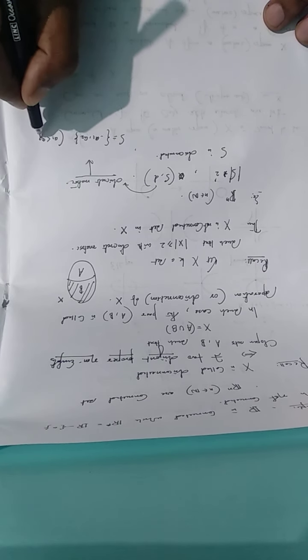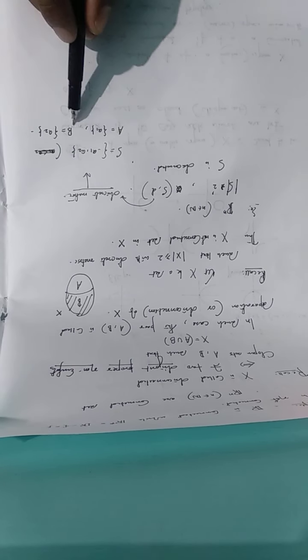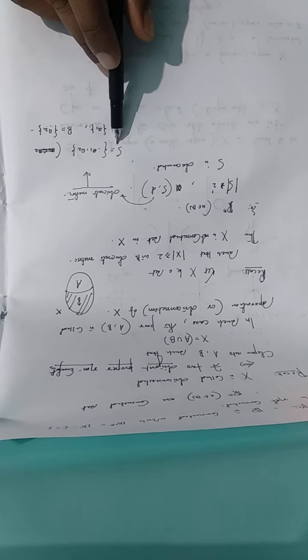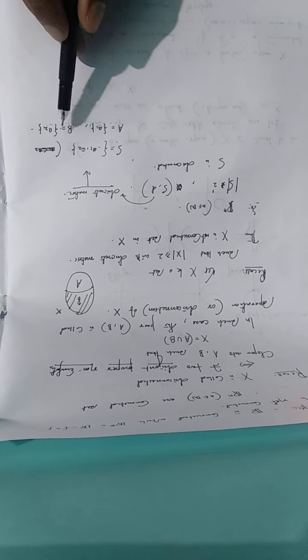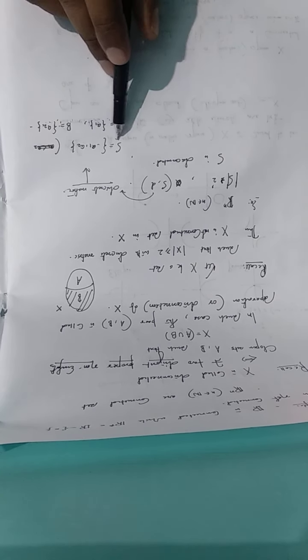You take A equals to singleton set A1, B equals to singleton set A2, and both are open as well as closed. Also A intersection B equals to phi and A union B equals to S. So A and B are the separation, that pair is the separation of X, and hence S is disconnected.